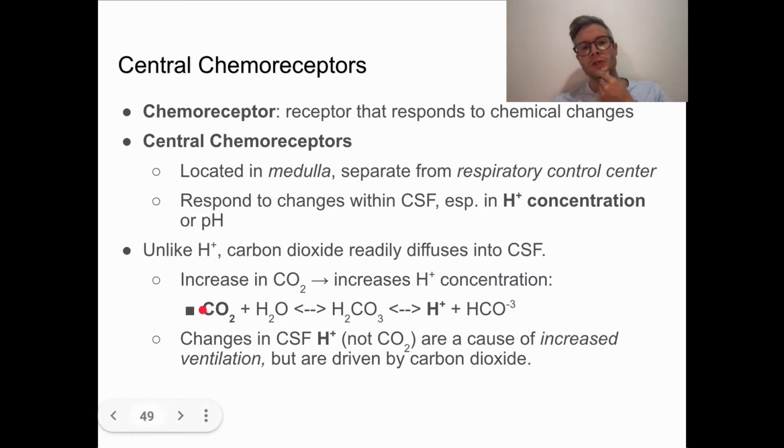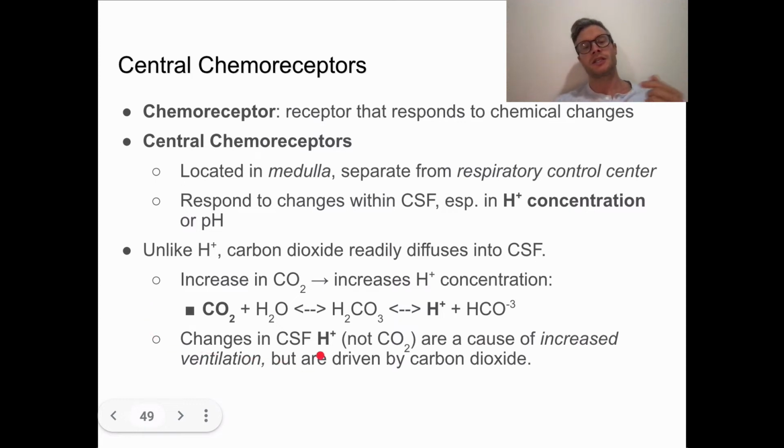But again, the point that I'm trying to get to, and sorry, it's been a little muddled getting there, I'll just re-clarify here. One of the driving receptors that we respond to in our medulla and control center is hydrogen protons. However, the thing that forces a greater concentration of hydrogen protons because of this buffer system is carbon dioxide.